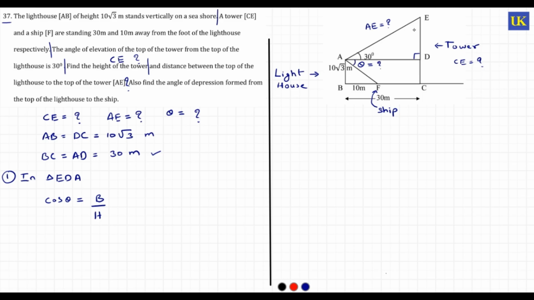For our current calculation, we will take this as theta, so this will become the perpendicular. Let me just note it down here quickly.